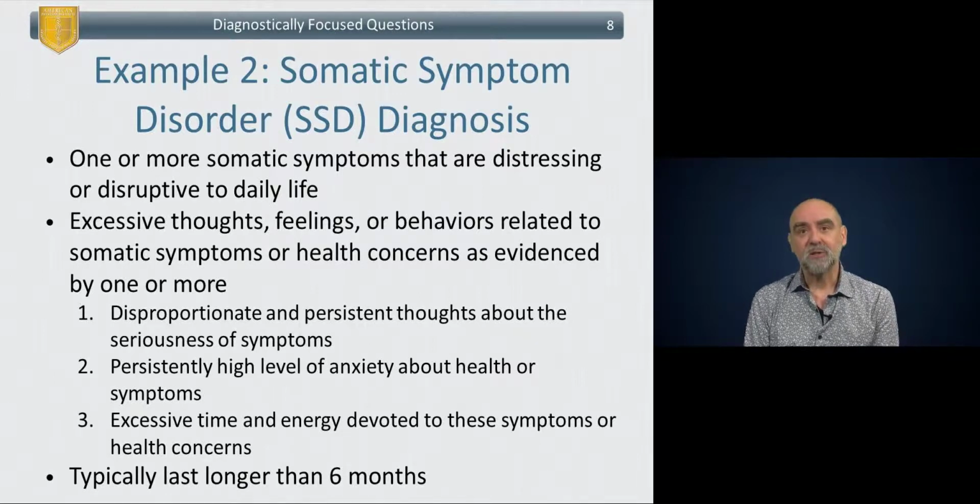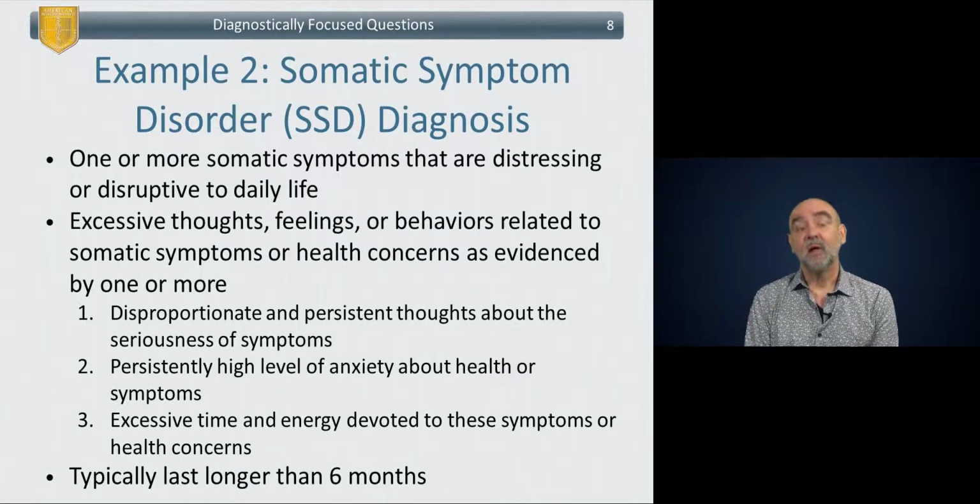All right, now let's look at somatic symptom disorder, because this is an area where the somatic symptoms can seem confusing and overlapping and hard to distinguish. So let's look at the criteria. So somatic symptom disorder is characterized by 1 or more somatic symptoms that are distressing or disruptive to daily life.